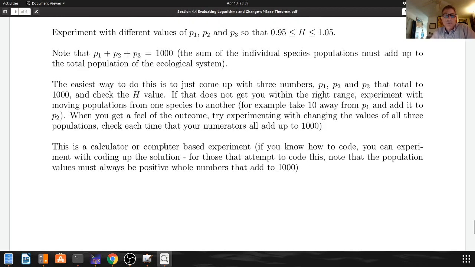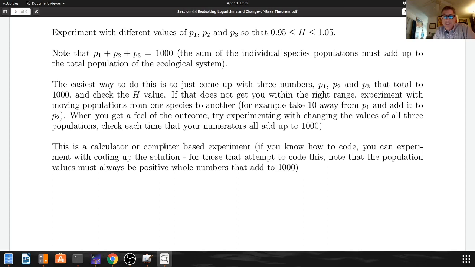So the easiest way to do this is to come up with 3 numbers, P1, P2, and P3, that total to 1,000. You will have to use the change of base theorem to calculate the base 2 values and plug them in, use a calculator or a computer, and check the H value.